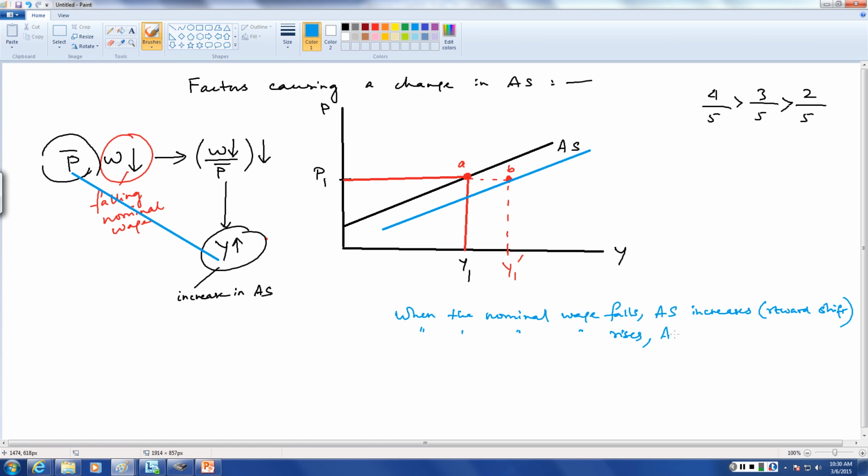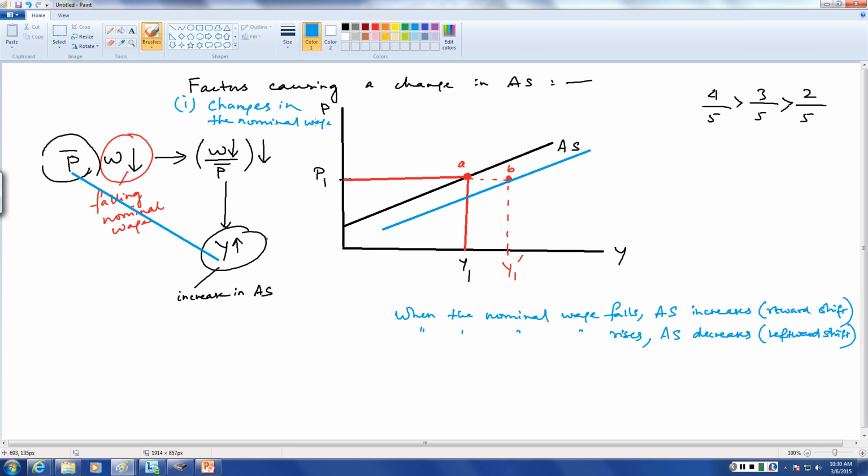And so aggregate supply would decrease, and this would be a leftward shift. So that's one factor then. Factors causing a change in aggregate supply. So what would our first factor be then? Changes in the nominal wage. That's our first factor.